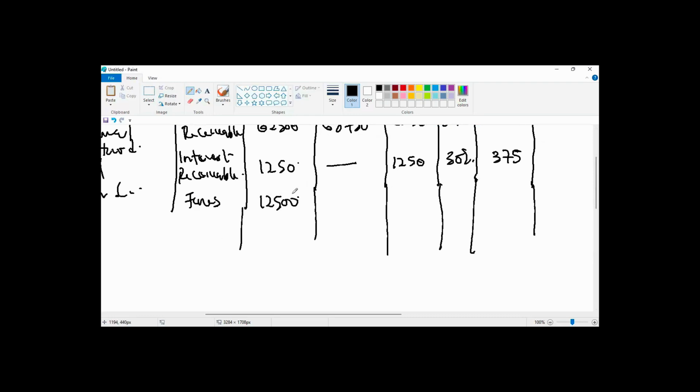The information on the fines: fines are not tax deductible. When they are not tax deductible or they don't have tax consequence, the carrying amount equals the tax base. No temporary difference.